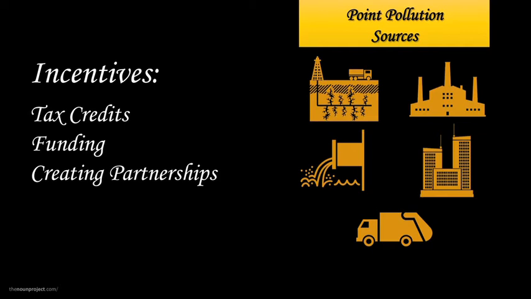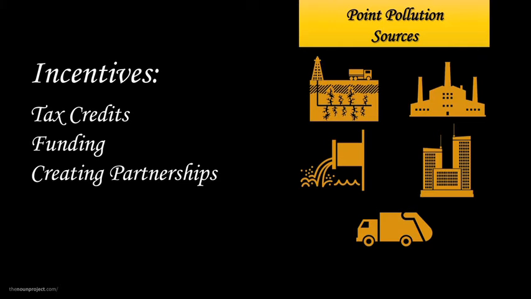Now, to make sure that we can do something about this, we can offer incentives to industries, farmers, and such. This can include tax credits, funding, creating partnerships. For example, if a government were to say to an industry, "We will give you a tax credit if you decrease your effluent discharge by 30% by a certain time," the industry will be more likely to try to do that.